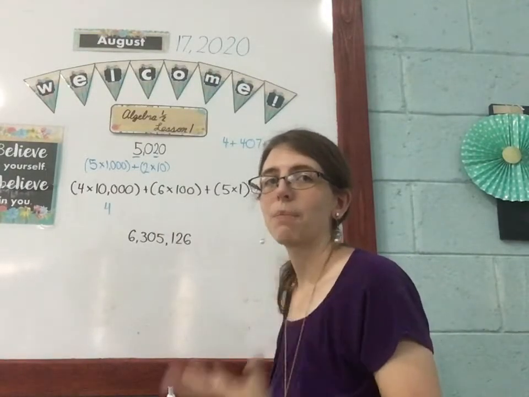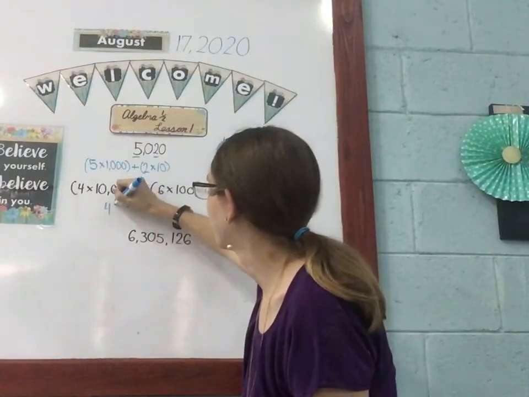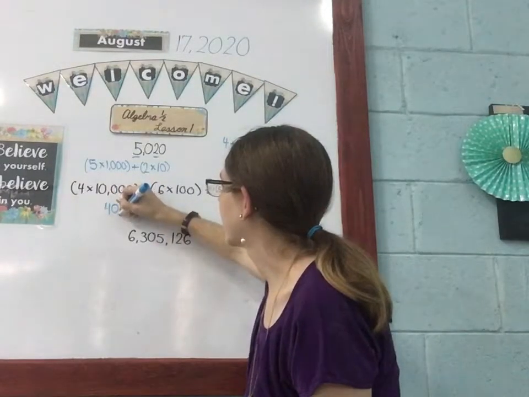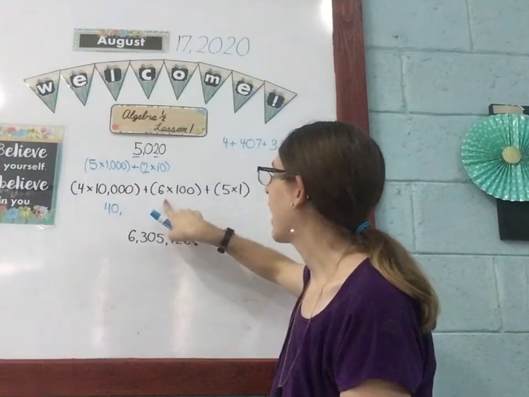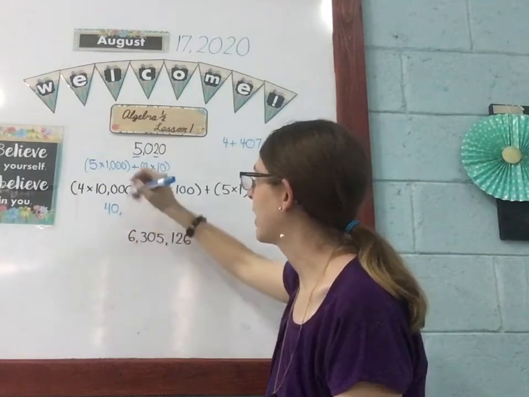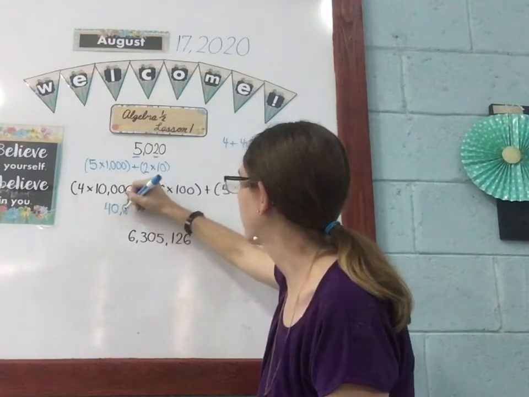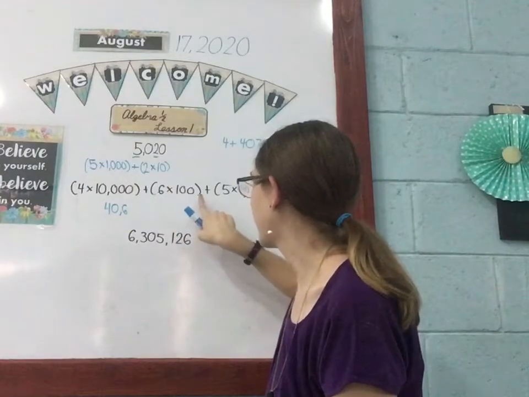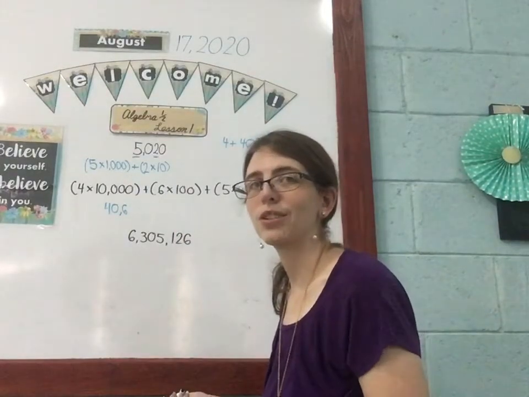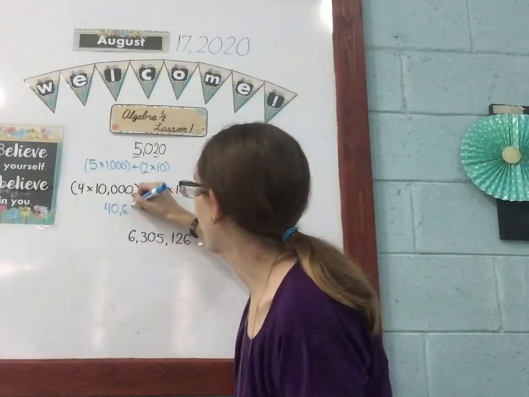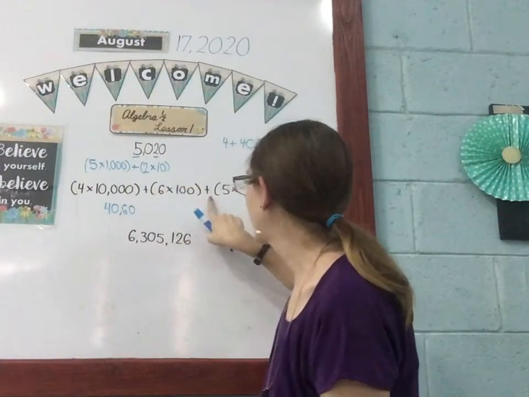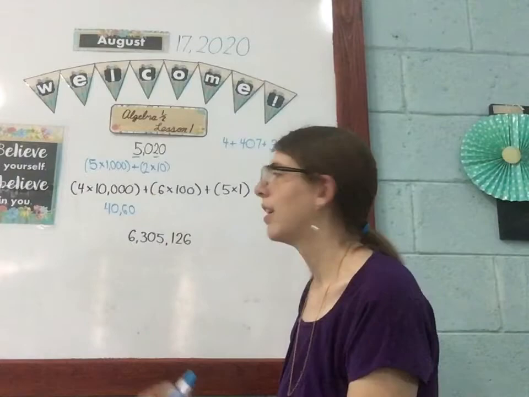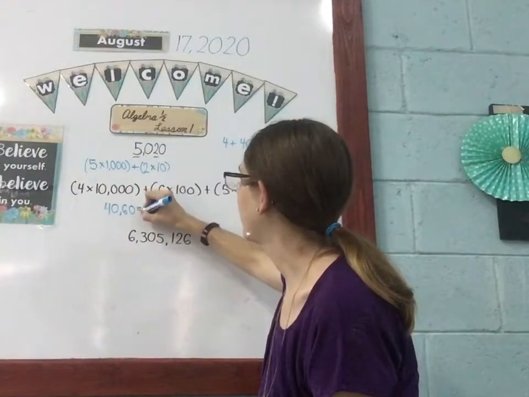So that means my number there is a 0. And I know the next thing should be a comma. Then I have 6 times 100. Well, that's my next place, so I put 6 in the hundreds place. Next is the tens place. Do I have a 10? Nope, there's no 10, so that means it's a 0. Plus 5 times 1. So 5 goes in the ones place.